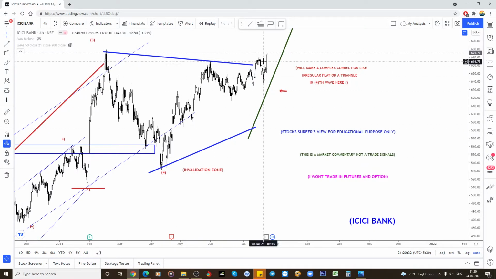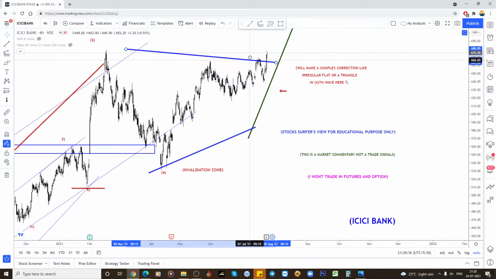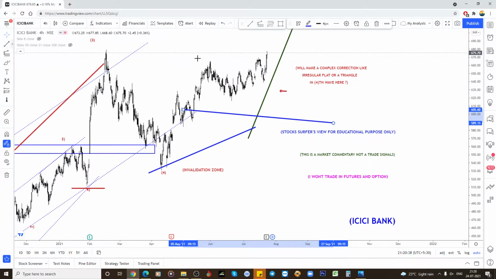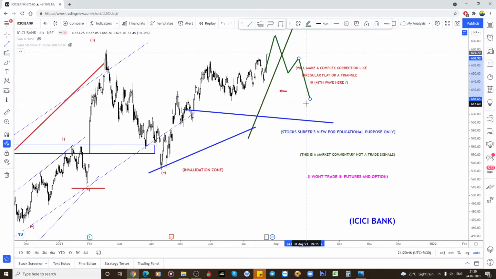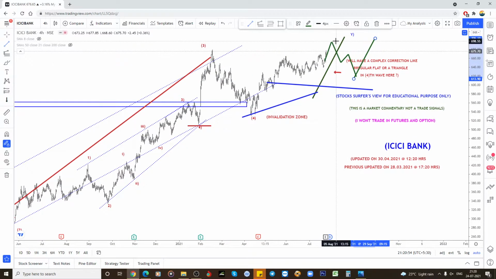So whether this is what I expected here, a triangle. Let's wait for this. If it goes high also, I won't worry about this. Only if it is coming like this, I need to buy for the target of one more high. So that could be an irregular flat or it could be a triangle. Wait for that, or this could be the end of the trend.